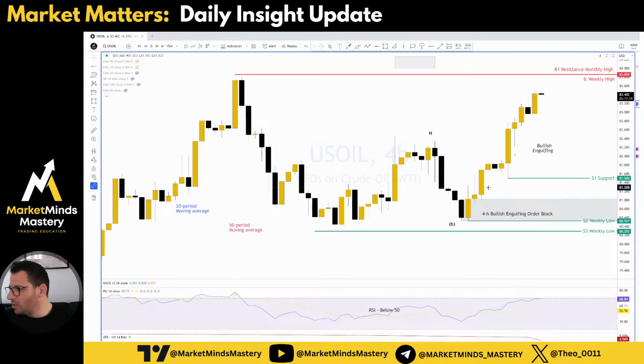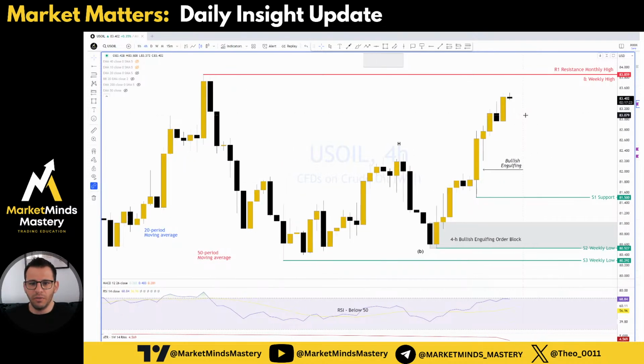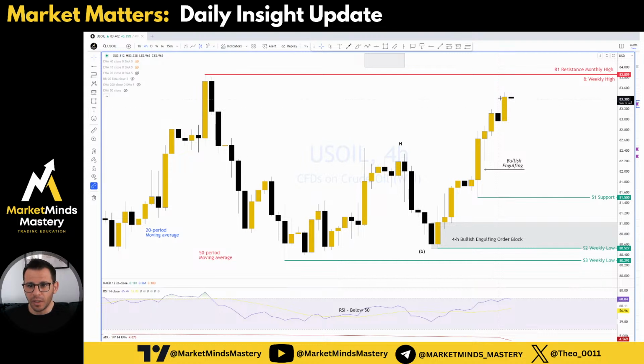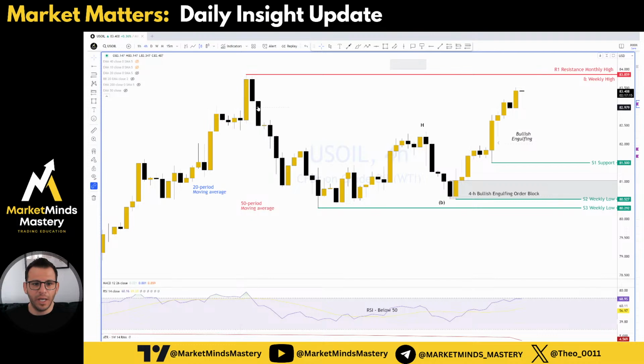Next one on the list, it's the US oil. US oil, very strong, moving upwards. On the left, there is an area of potential resistance here, around $84. Price makes higher highs and higher lows. This consolidation, let's say at this point here, price accumulated.